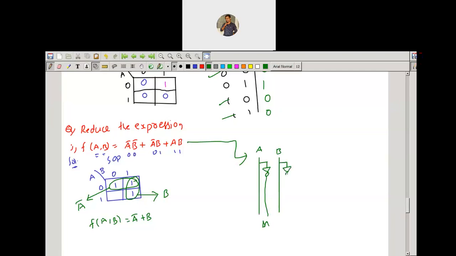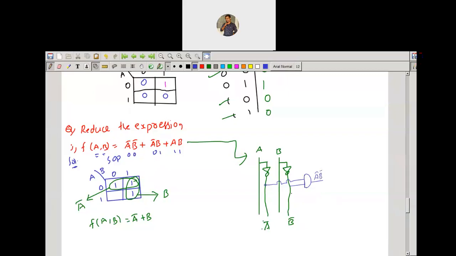For the first term, A bar B bar, I need the A bar line and the B bar line, and here we use one AND gate.